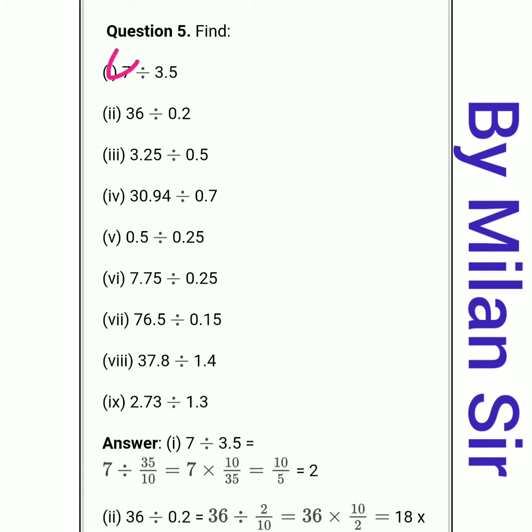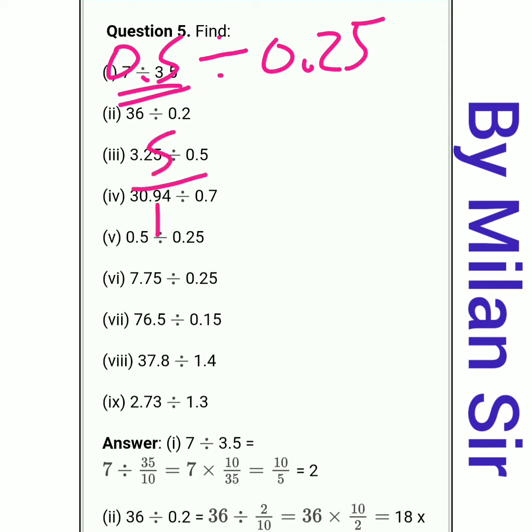Again, we have 0.5 divided by 0.25. We write 0.5 as 5 by 10: ignore the decimal point, so 5, and with one digit after the decimal point, 10. The division remains as it is.